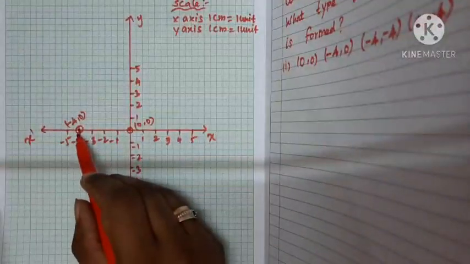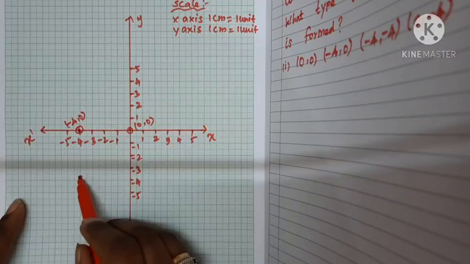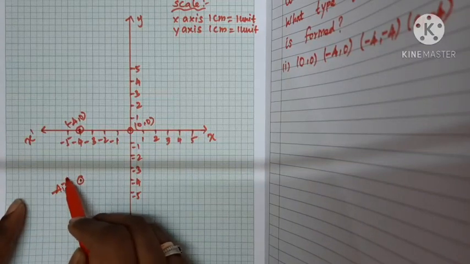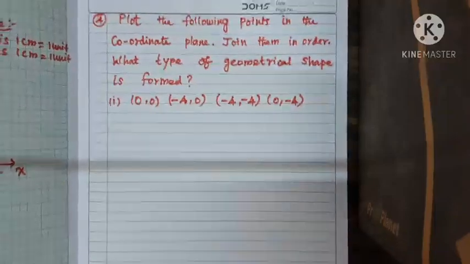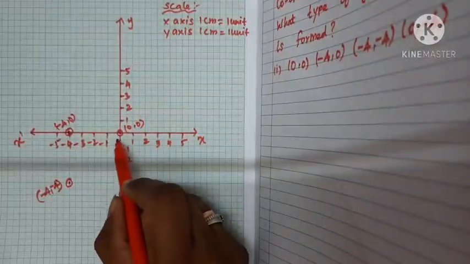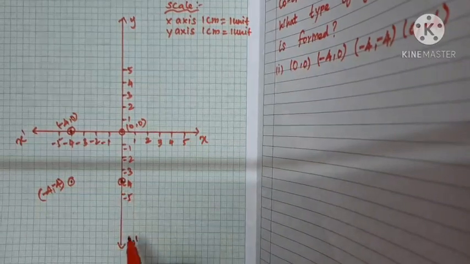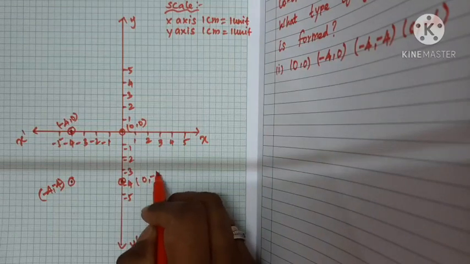X-axis minus 4, y-axis is also minus 4. And then the next point is 0, minus 4. X-axis 0, y-axis minus 4, which is plotted on the y dash. That is 0, minus 4.